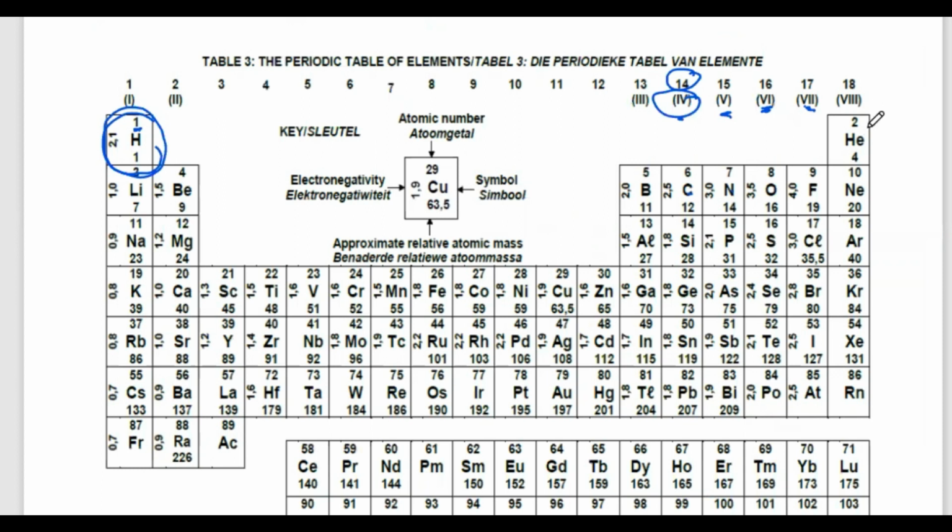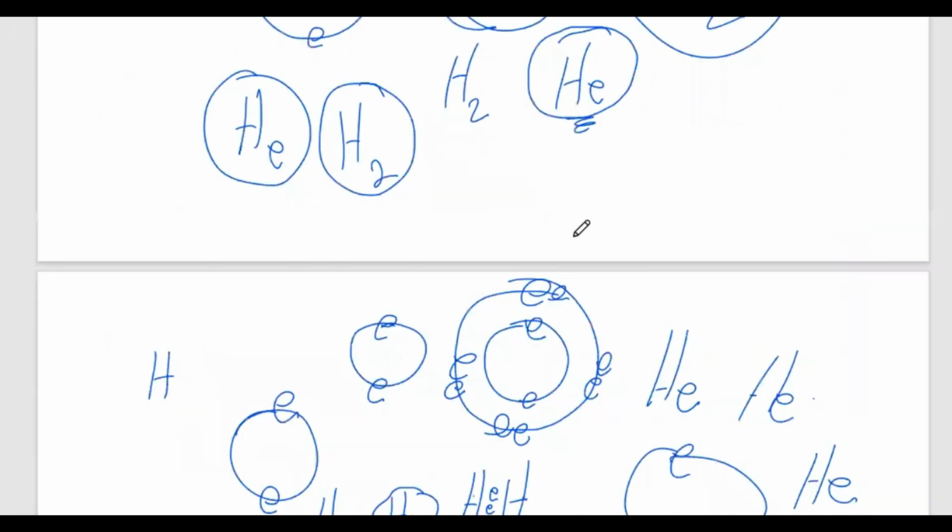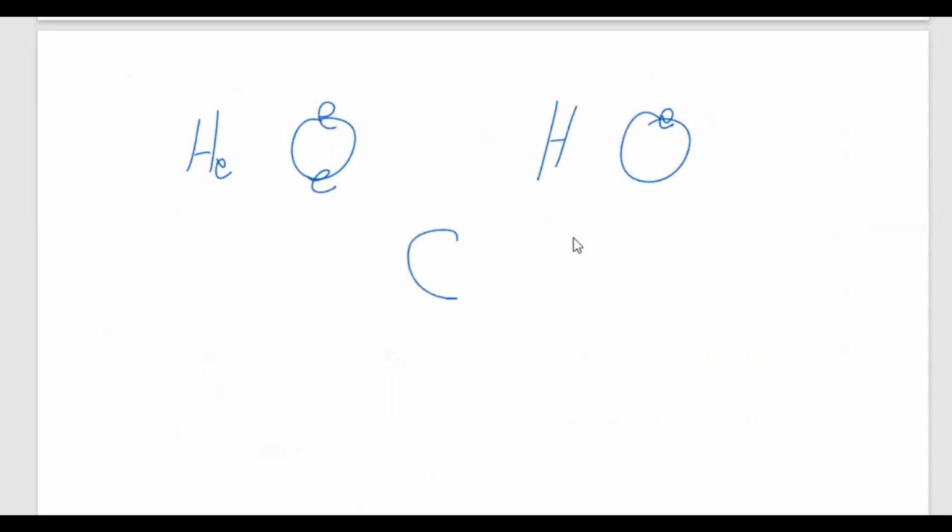Yes. So if it is in group 8, it is a noble gas, meaning that if you look at it here, helium has 2 electrons in its outermost shell, while hydrogen has 1 electron. To be stable, you're supposed to have 2 electrons in the first shell. So hydrogen has only 1 electron.